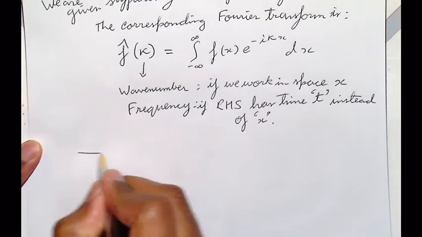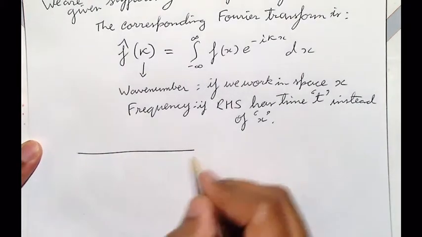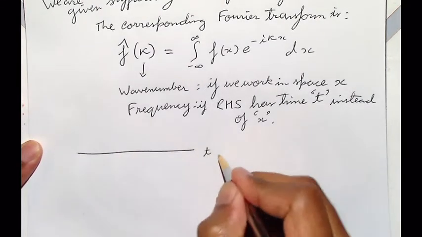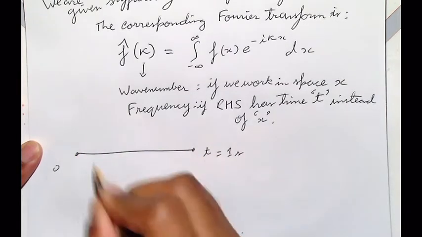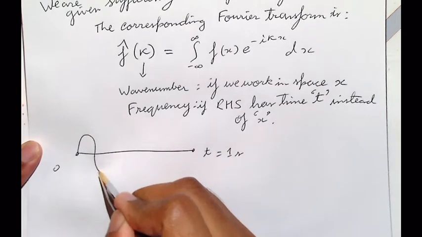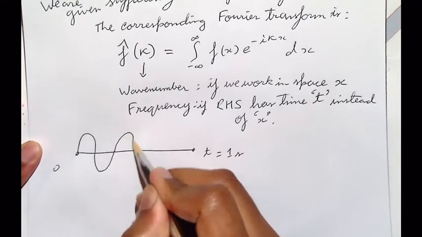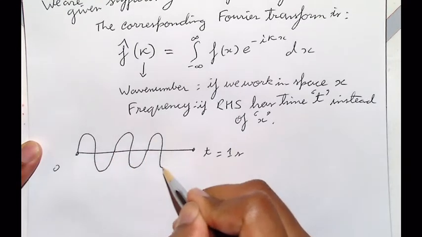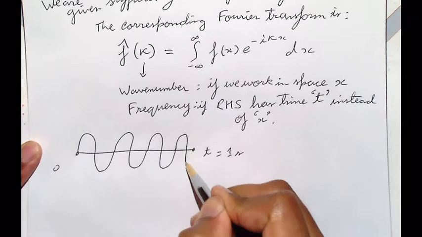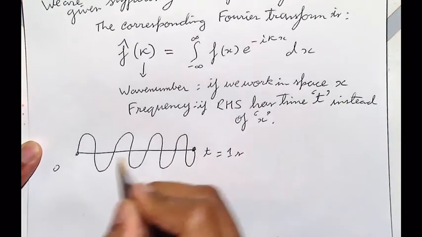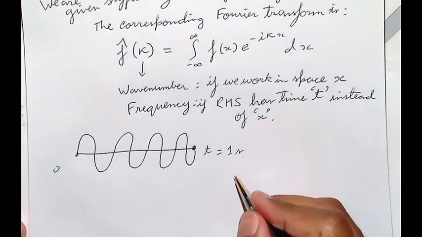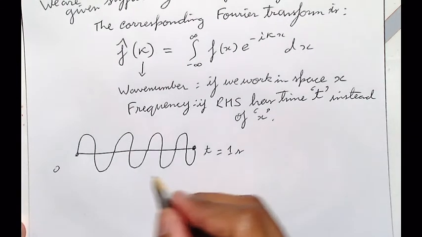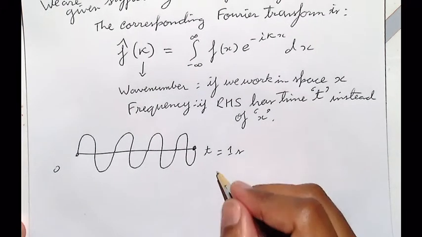So if we have, let's say this is time for 1 second and 0 seconds. And if I plot a particular signal, 1, 2, 3, 4, okay? Frequency is 4 hertz.